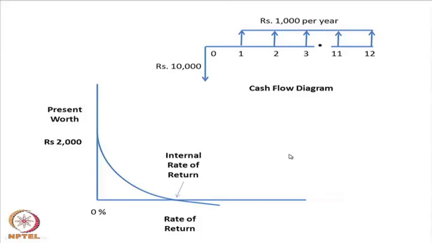Now, we shall also consider where these three methods are applicable. First, if the lives of the projects are equal, then the present worth cost comparison method is applicable. But if the lives of the projects are different, then the equivalent annual cost comparison method is preferred; at that time, the present worth cost comparison method is not applicable.